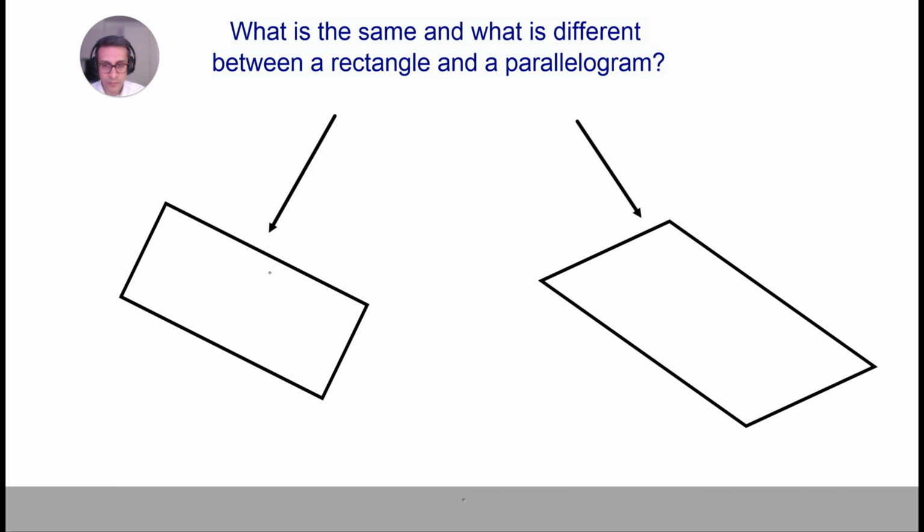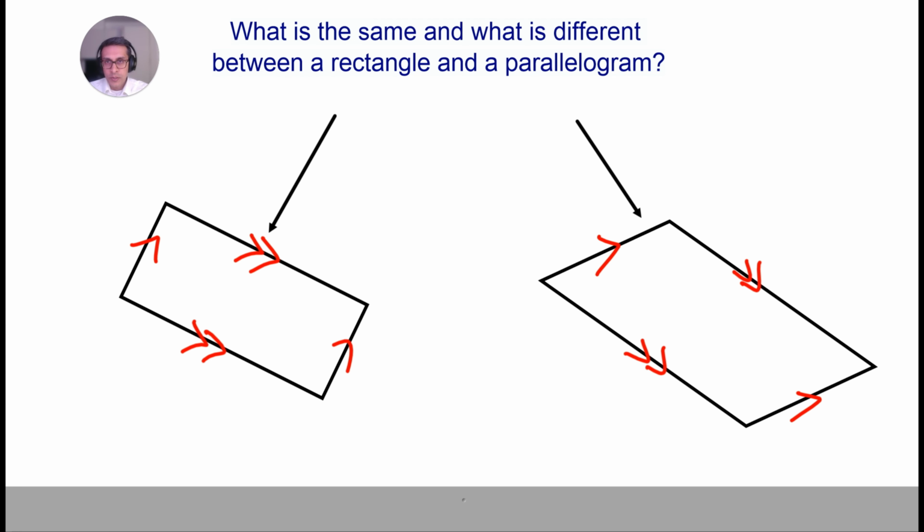So you may notice, obviously, similarities are they both have four sides, so they're both quadrilaterals. Another similarity is they've got two pairs of parallel sides. So here you can see these two are parallel.